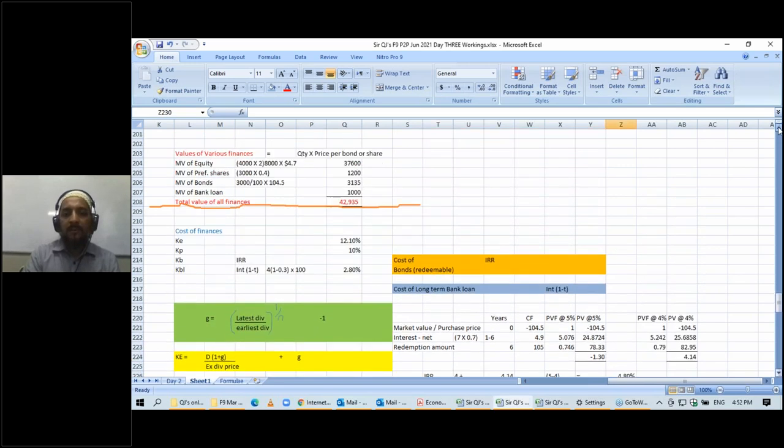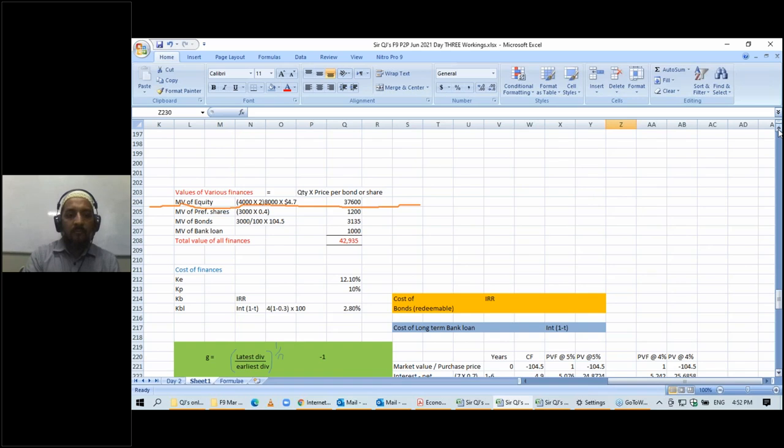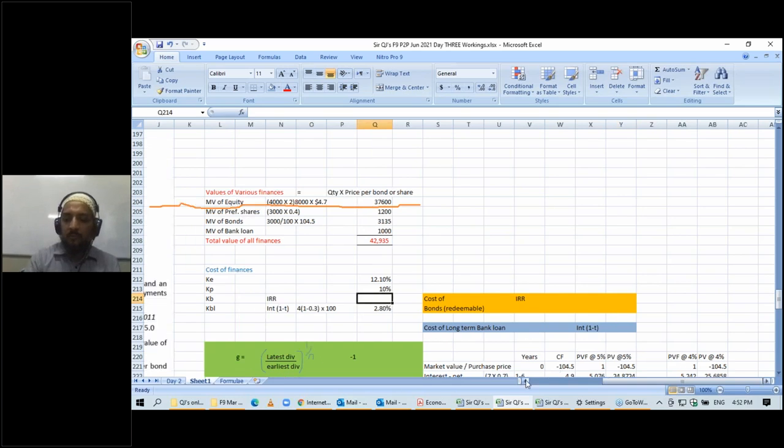So our table is complete now. So putting 4.8% over here. Now we are in a position to calculate the weighted average cost of capital.